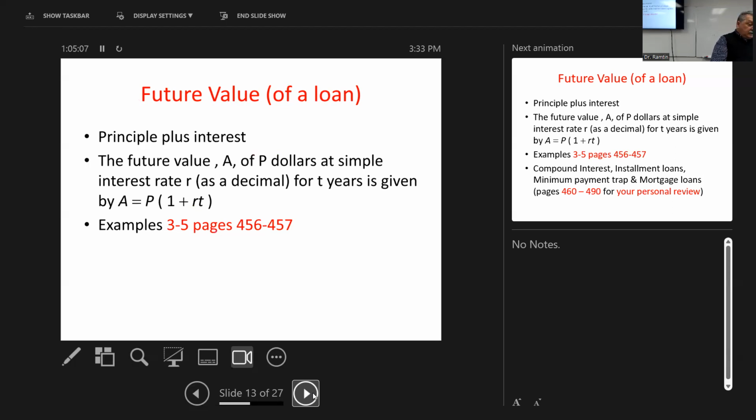Okay, we want to use years. That time should be in years. Now, how many months are in a year? 12 months. So it's 3 over 12, and I can simplify it: 12 divided by 3 is 4, so it becomes 1 over 4.